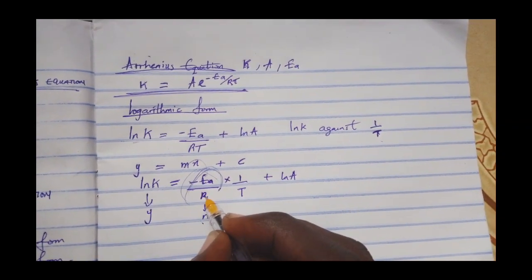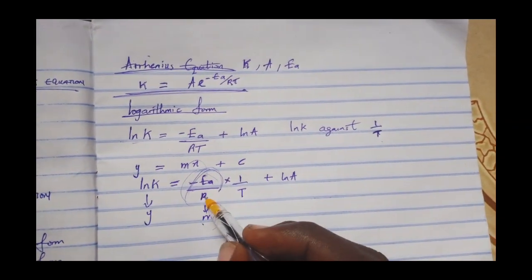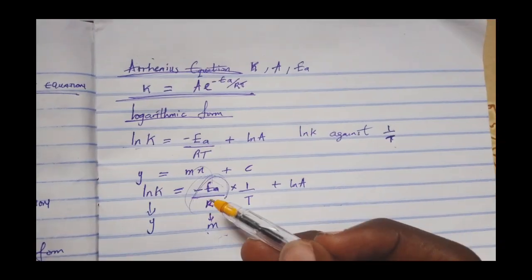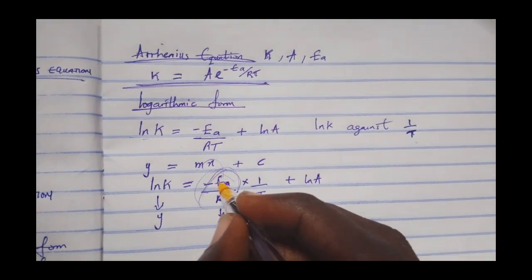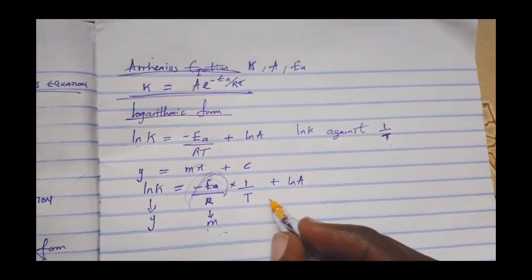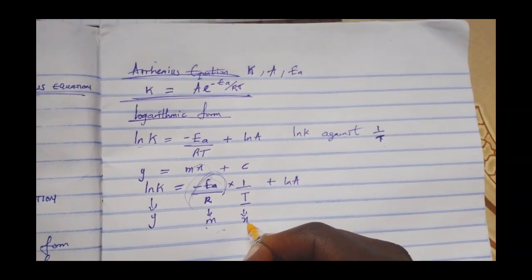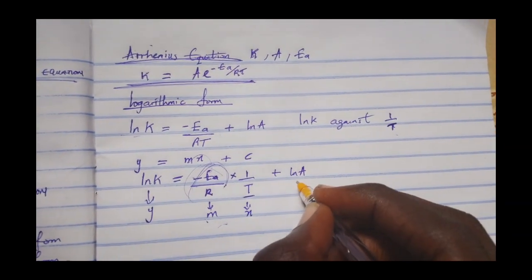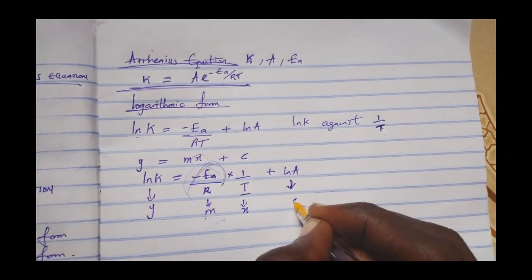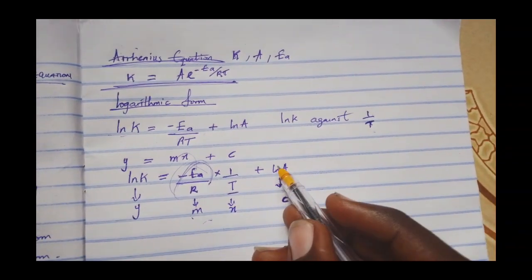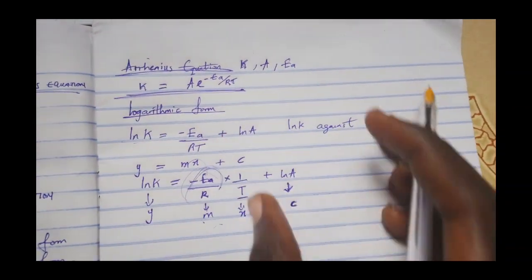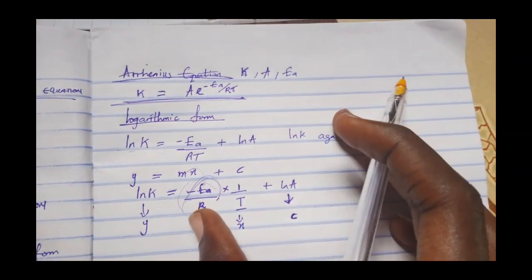This R is constant, so we don't need to put more emphasis on it. The x-axis is 1 over t, and the intercept, which is very important, please take note, is ln A. There is a theoretical question on this.